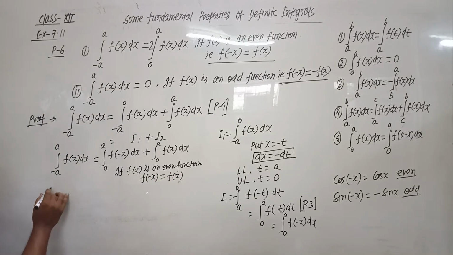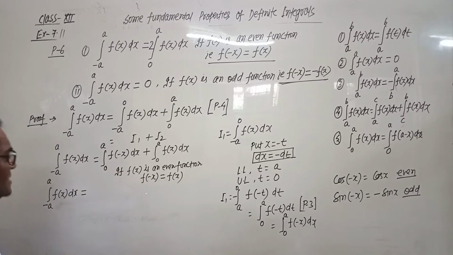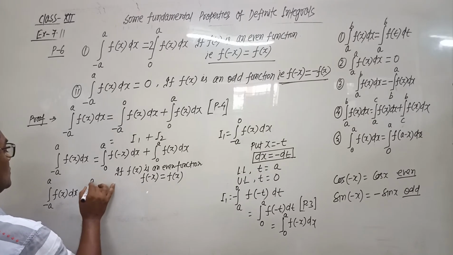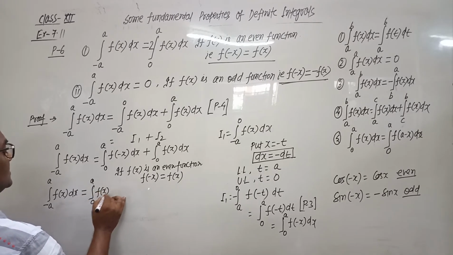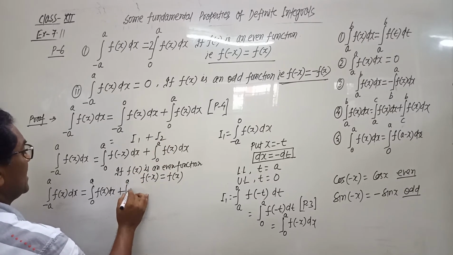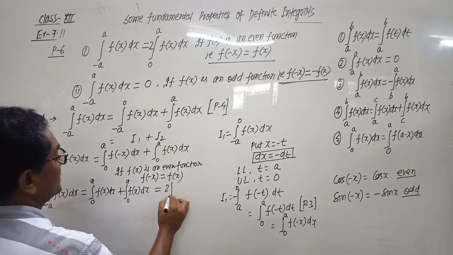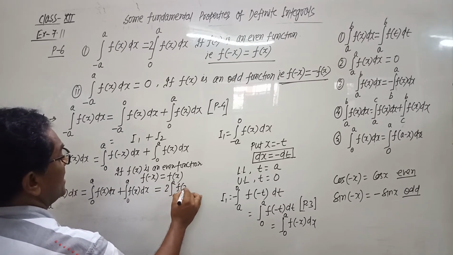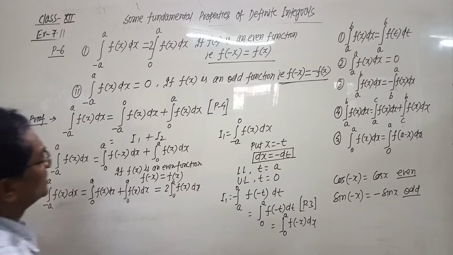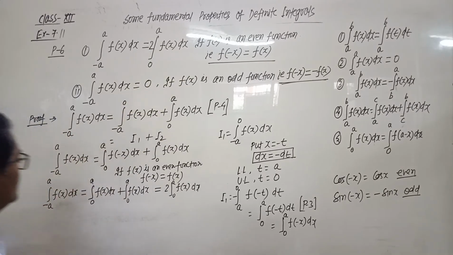So in this case, the integral from minus a to a f(x) dx is written as integration 0 to a f(x) dx plus integration 0 to a f(x) dx, and this becomes twice integration 0 to a f(x) dx. So we prove the first part, twice integration 0 to a f(x) dx.